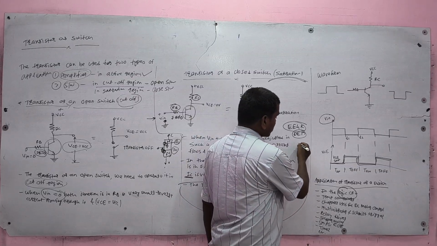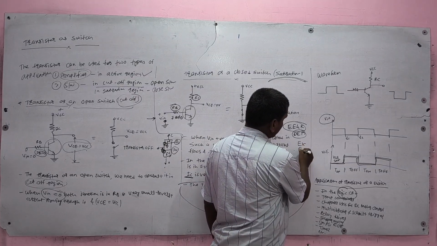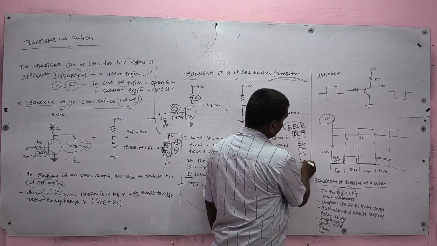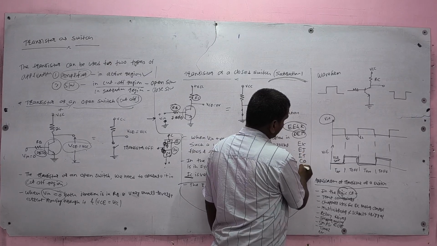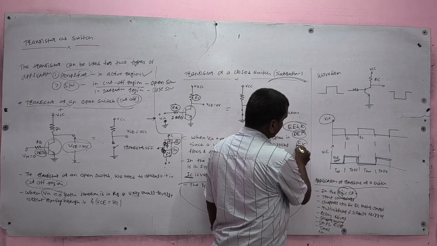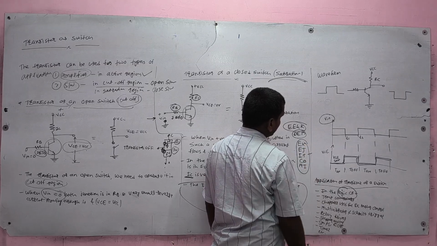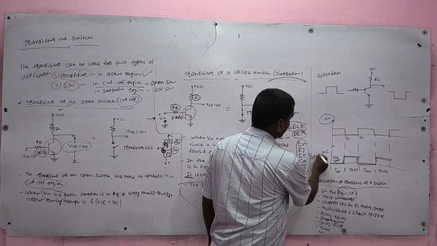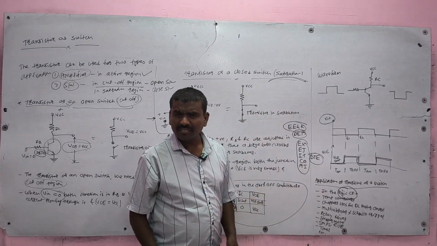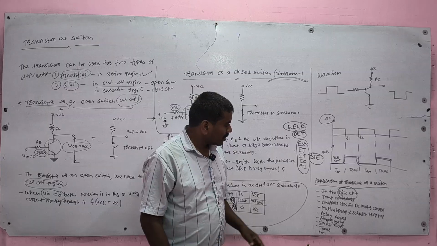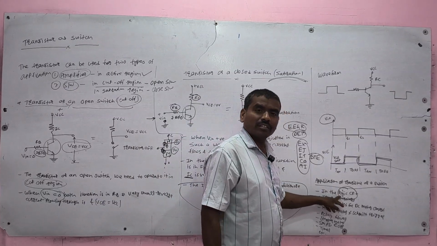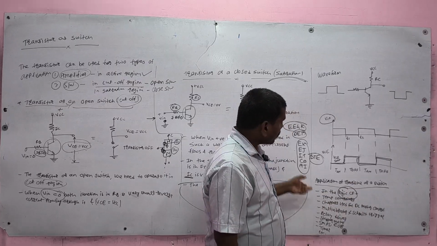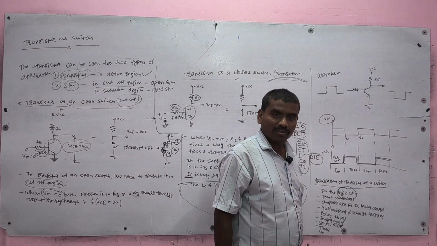And for other branches, like electronics and telecommunication, IT, computer, AI, there is one subject, DT, digital technique. It has a number of logic gates: AND gate, OR gate, NOR gate, XOR gate. So in that circuitry, the transistor will be used.